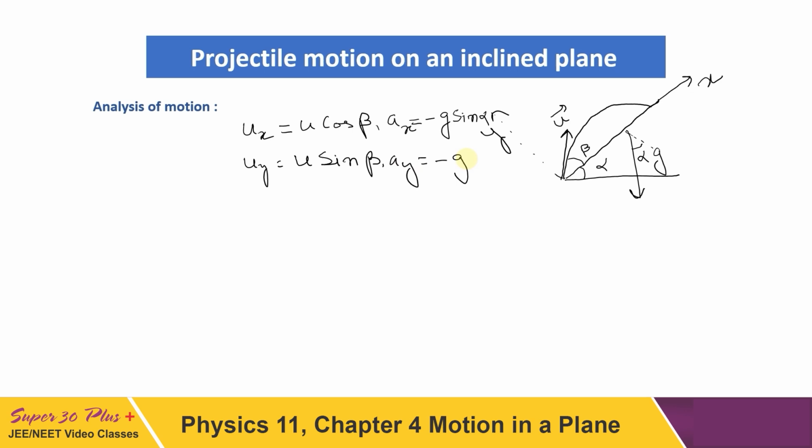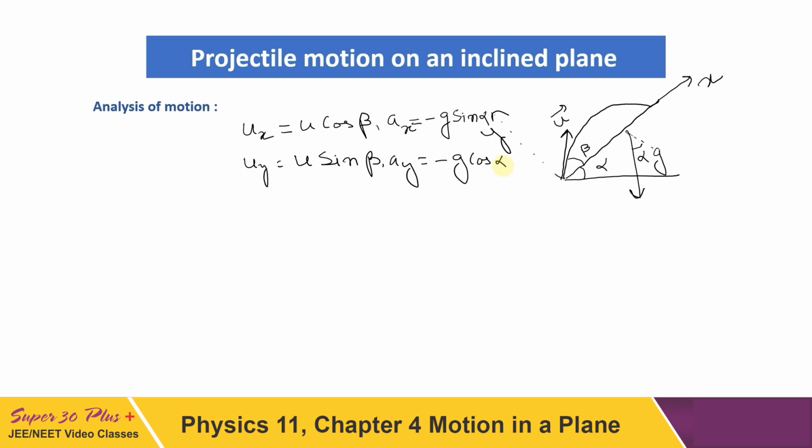Here motion is not that simple as in motion on a horizontal plane, because in a horizontal plane for projectile motion, the x direction of motion was a uniform motion where no acceleration was acting, because acceleration was in the vertical direction, so its horizontal component was 0. In the x direction we used to write the equation for uniform motion.